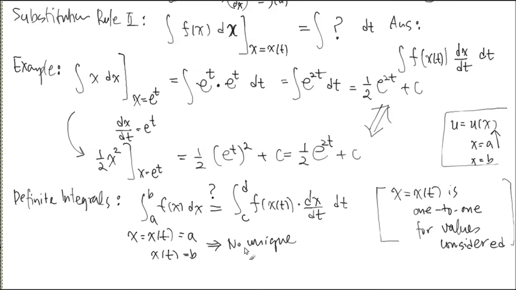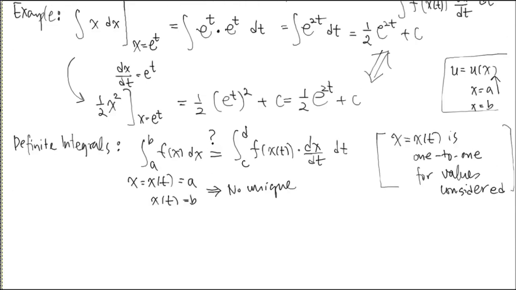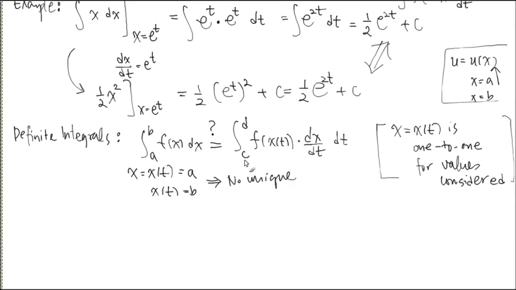So what I'm saying here is that when you do a definite integral with this second substitution rule, be a little bit careful, you have to understand it is a one-to-one function. Okay? And it kind of makes sense that when you try to pick c and d, you have the natural question, what are c and d? There are multiple choices in there. So you can't just put x inverse in there. All right, so that's one subtlety I'd like to mention about this substitution. And when we hit the examples, I hope it gets clearer.